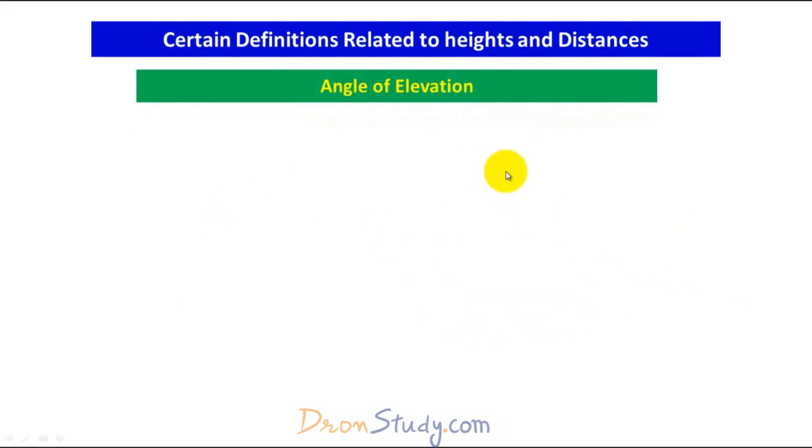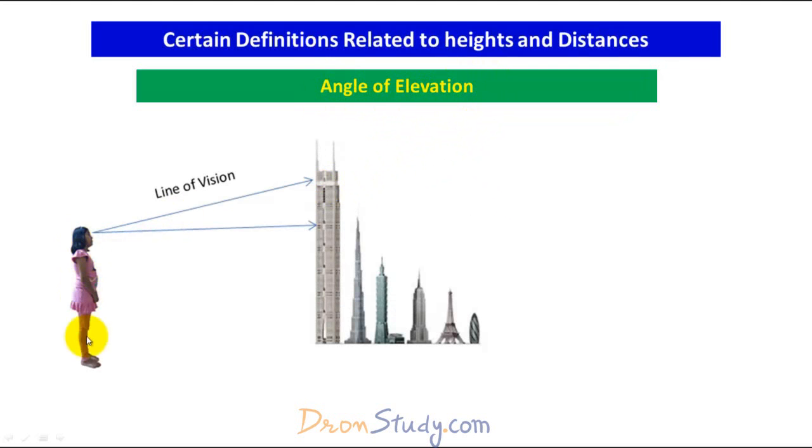Now let us see another definition, that is angle of elevation. In the first case we have seen that a girl standing on the ground looking at the top of the tower, then a line drawn through her eyes to the top of the tower is called the line of vision, and the straight eyesight is called the horizontal line.